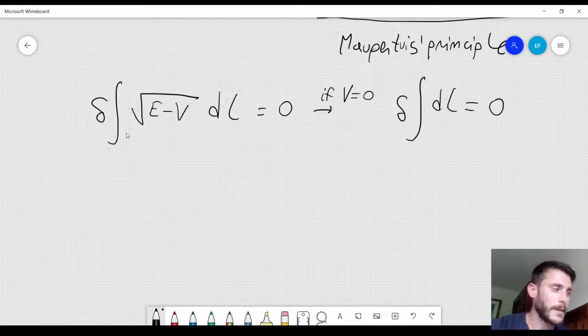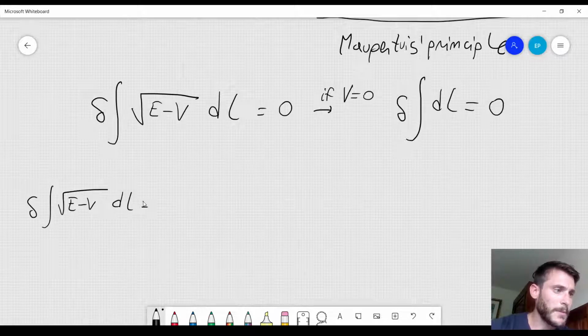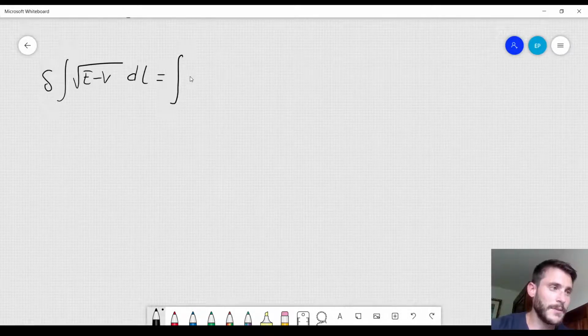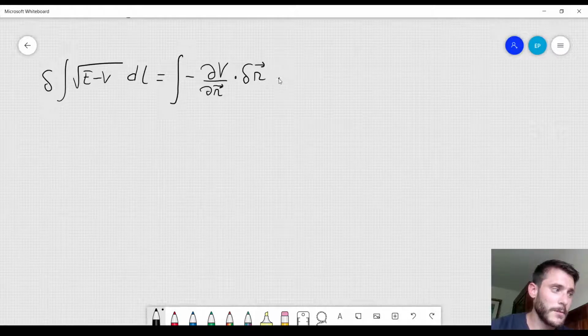I have to vary the path by changing r. So the variation of that can be written like this. Integral, I have to take the derivative of the square root with respect to r, and of course E is a constant, but what depends on r is V. So I have minus dV over dr, the gradient of V with respect to r, dot product the variation of r, times the derivative of the square root, which is 1 over 2 square root of (E minus V), dl.